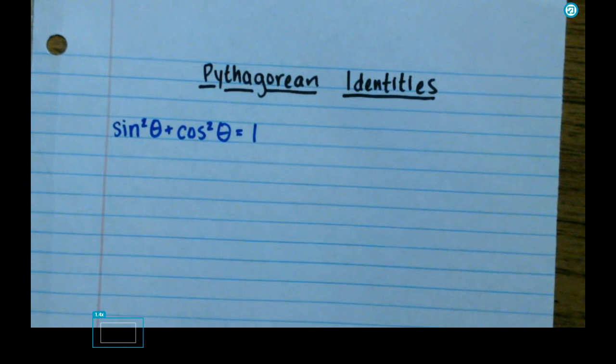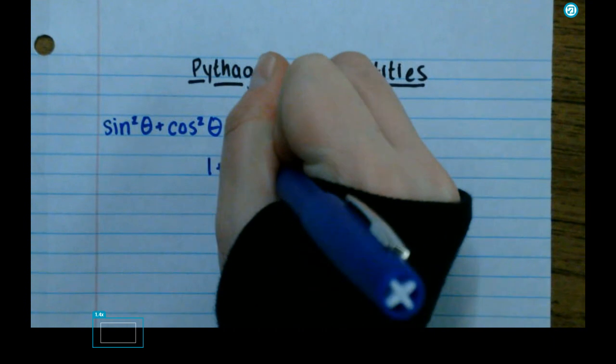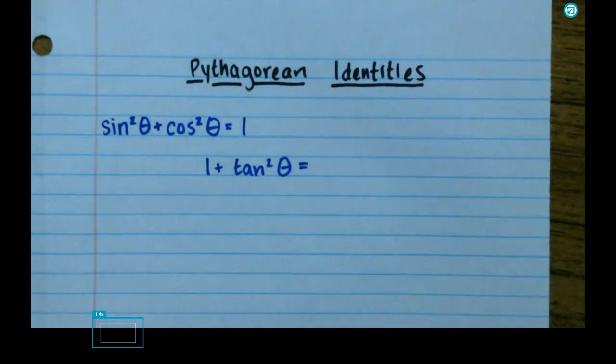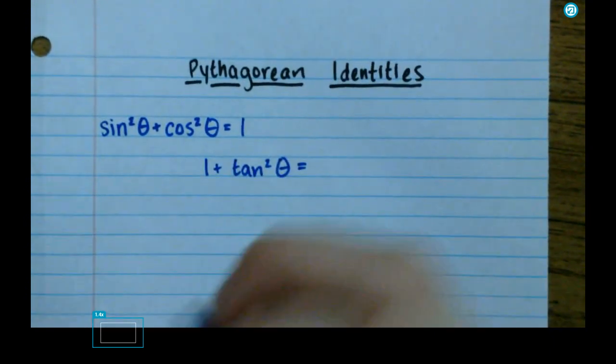Our 2 other Pythagorean identities can be derived from doing a bunch of division and using our reciprocal identities to get to the other ones. Our 2 other Pythagorean identities are that 1 plus tangent squared of theta equals secant squared of theta.